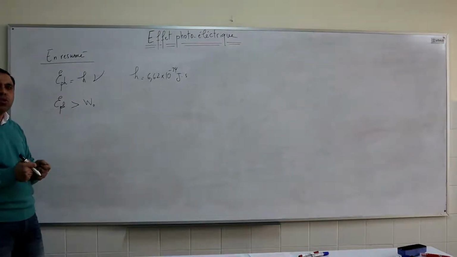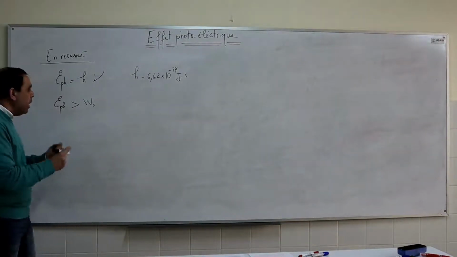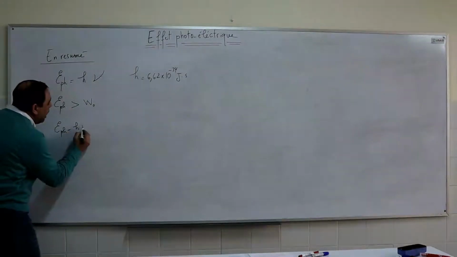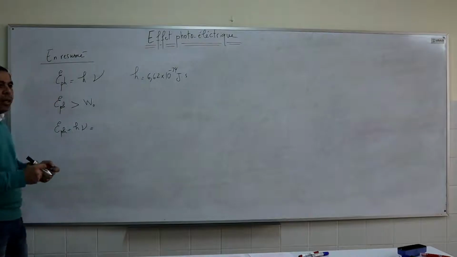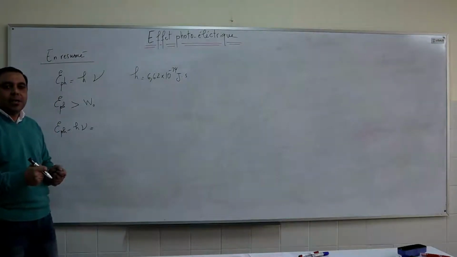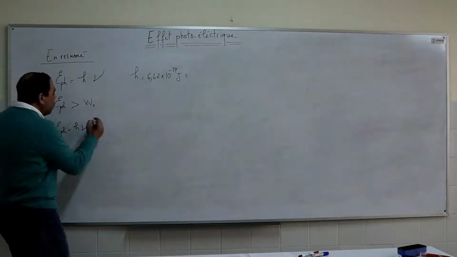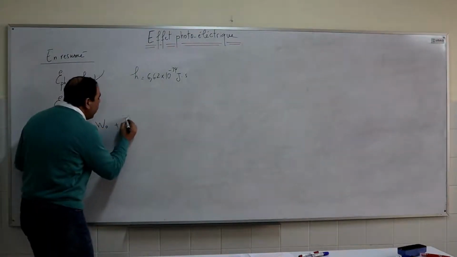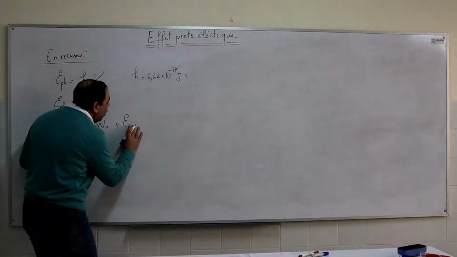The energy of the target electron becomes equal to the energy of the photon, which is h nu. Now to leave the metal, the electron needs an energy equal to W0, and the remaining energy transforms into a maximum kinetic energy.